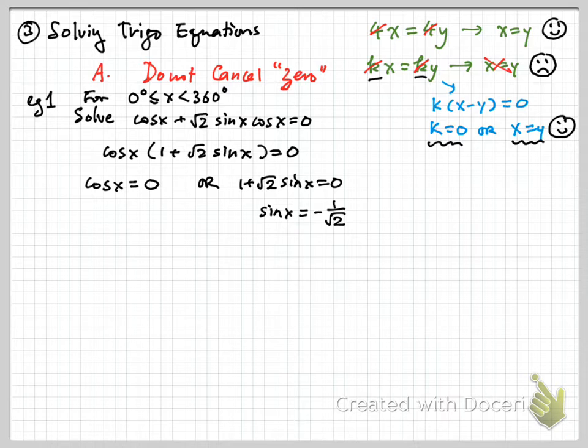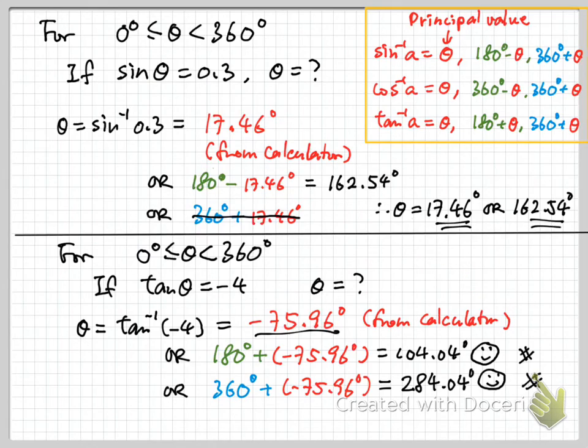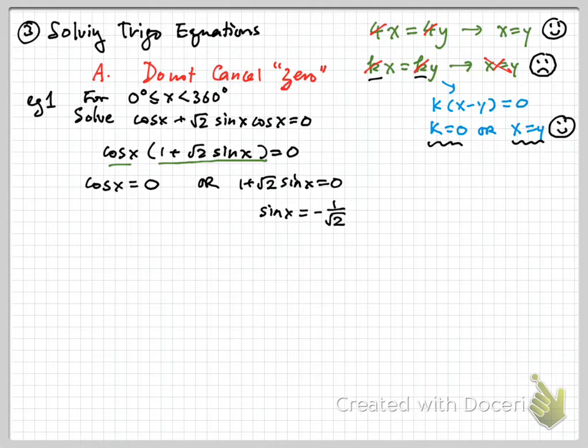It's either cosine x is 0 or 1 plus square root 2 sine x is 0. Each one will have their own answers. We refer to the previous video on inverse trigonometric functions. If cosine x is 0, try it on the calculator. The calculator will give you x equals 90 degrees, and it's not just one answer.